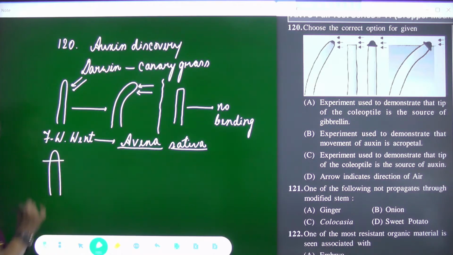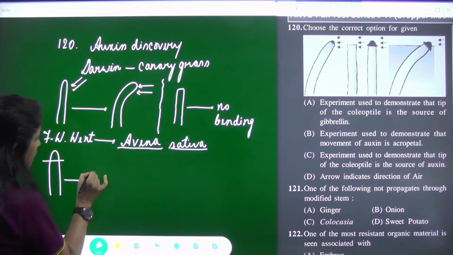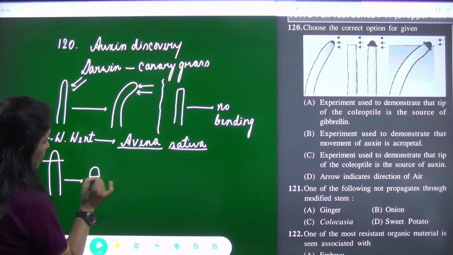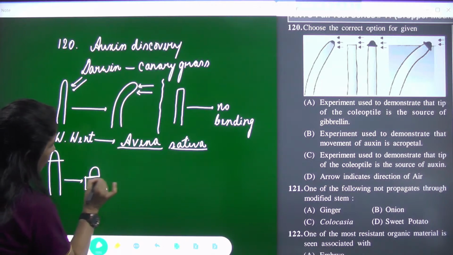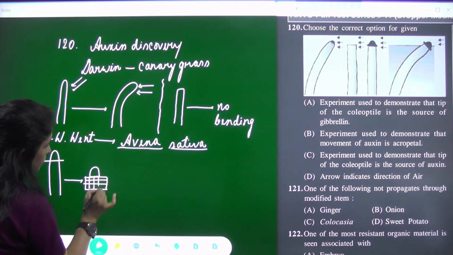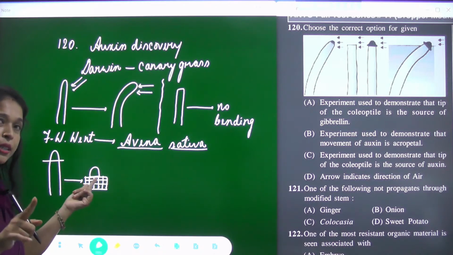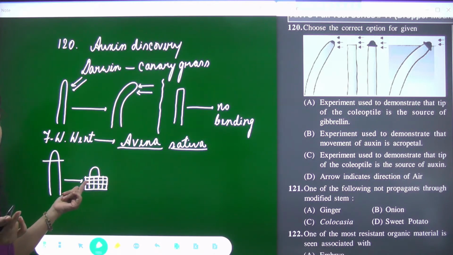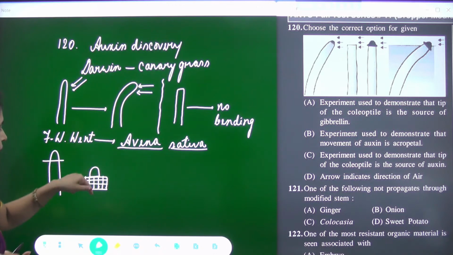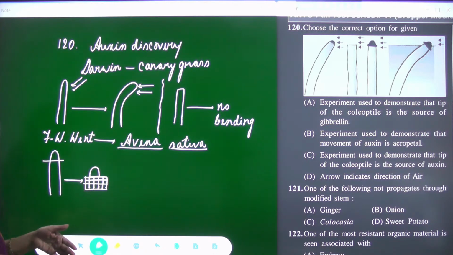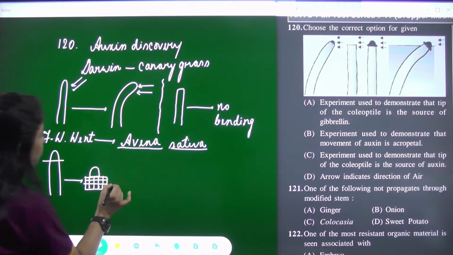He cut the coleoptile tip and placed it on an agar block, so that the growth substance present at the tip could diffuse into the agar block.